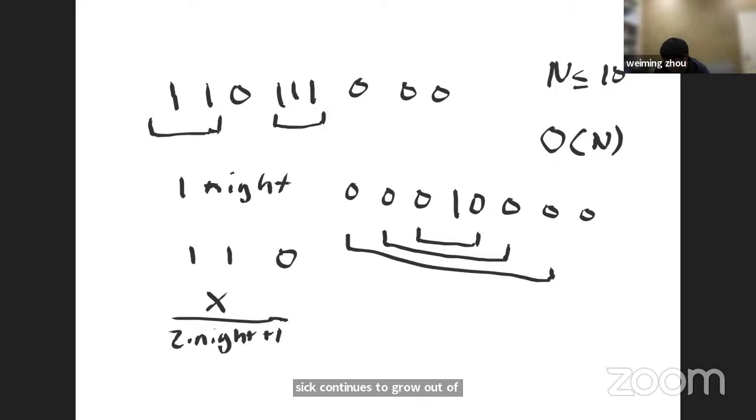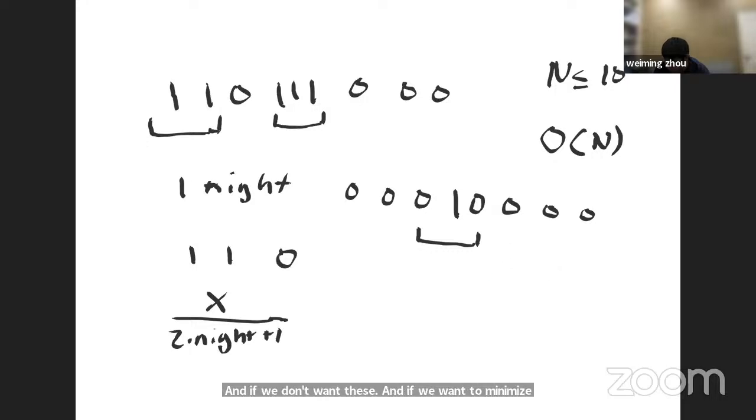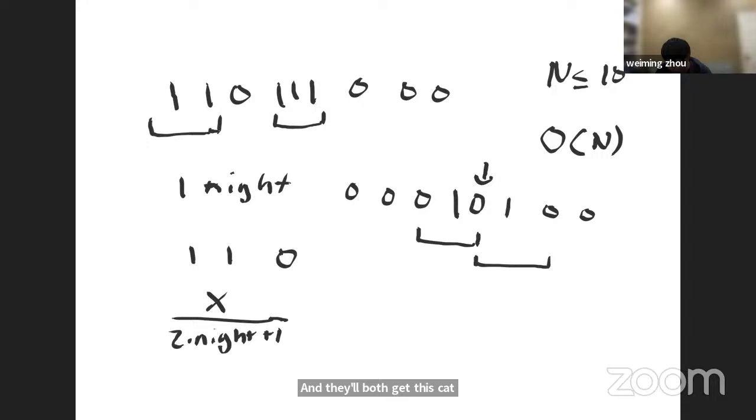And if we want to minimize the total number of cows, we want to try to have these cows trying to make other cows sick not overlap when possible. Since, for instance, if we were to put another sick cow here initially, we can see that they'll overlap and they'll both get this cow sick twice.